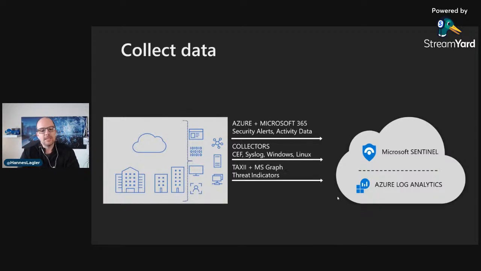Then we also have the ability to use external systems, threat indicators over TAXII or TAXII-C, whatever you prefer to name it. Also from the MS Graph perspective, Microsoft brought out a few weeks ago Microsoft Defender for Threat Intelligence. So we can also use the Microsoft internal threat intelligence threat indicators for our systems.